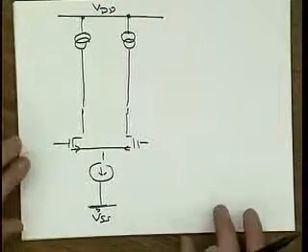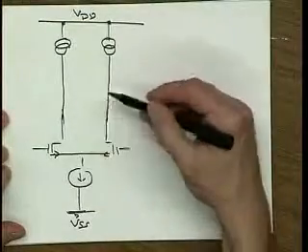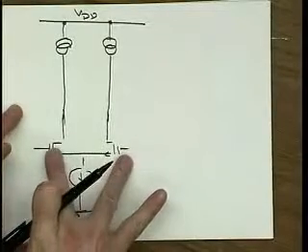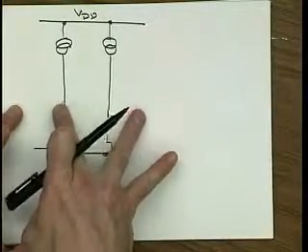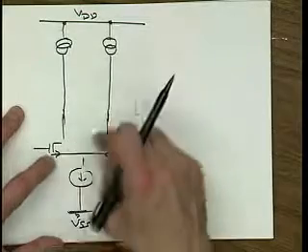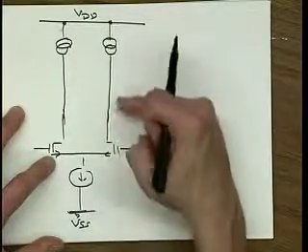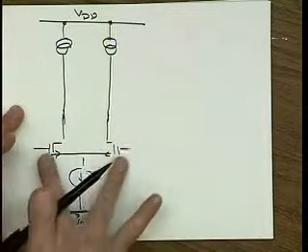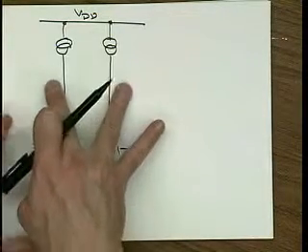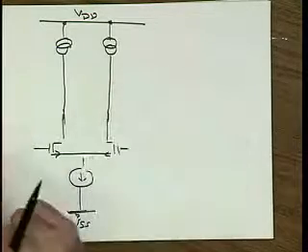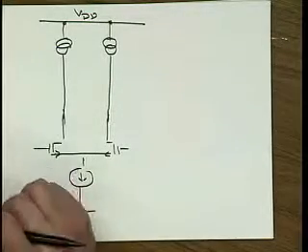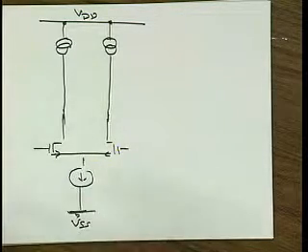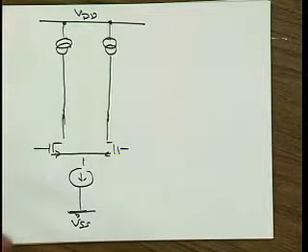Now, the problem with this is the output range, which depends on the input common mode level. If we bring the input common mode level way down, then we have a lot of leeway to pull the outputs of our amplifier down low also. But conversely, if the input common mode happens to be fairly large, then the output common mode also needs to be high, and that may be a problem in our design.